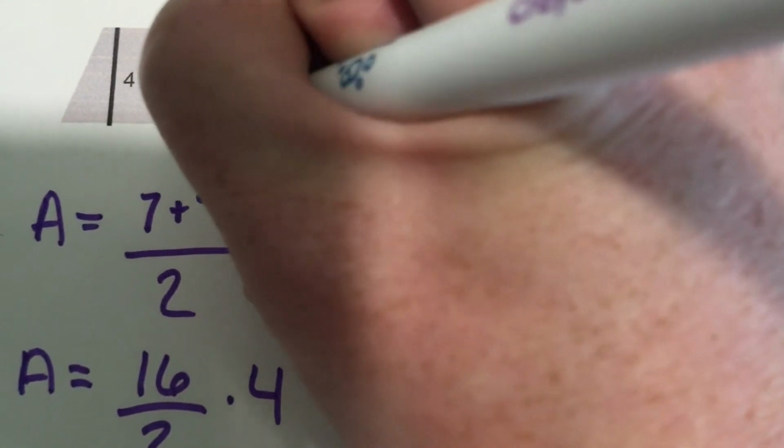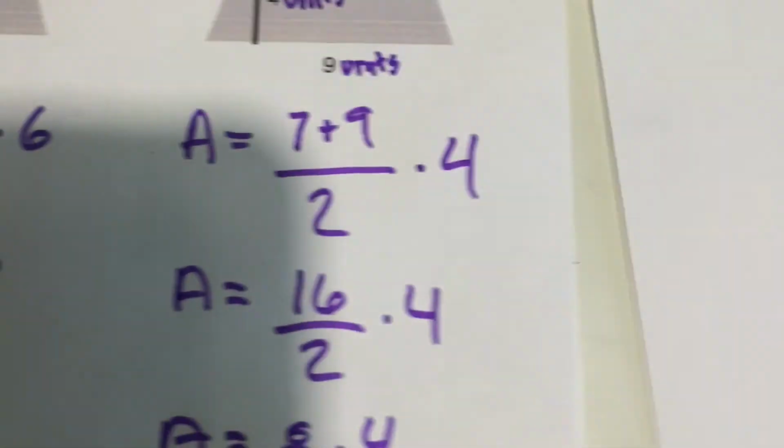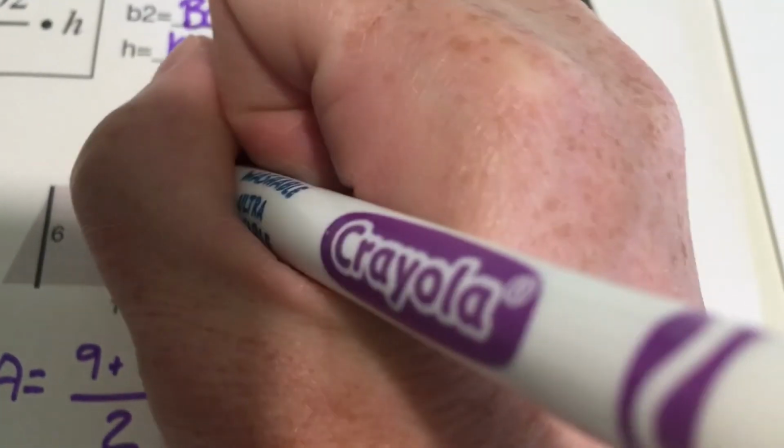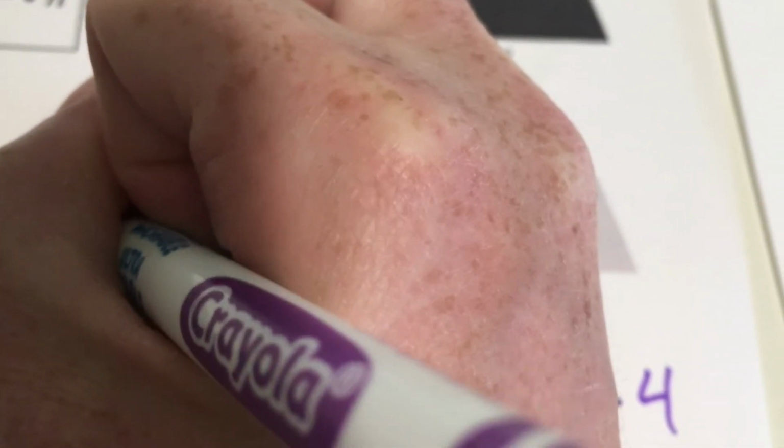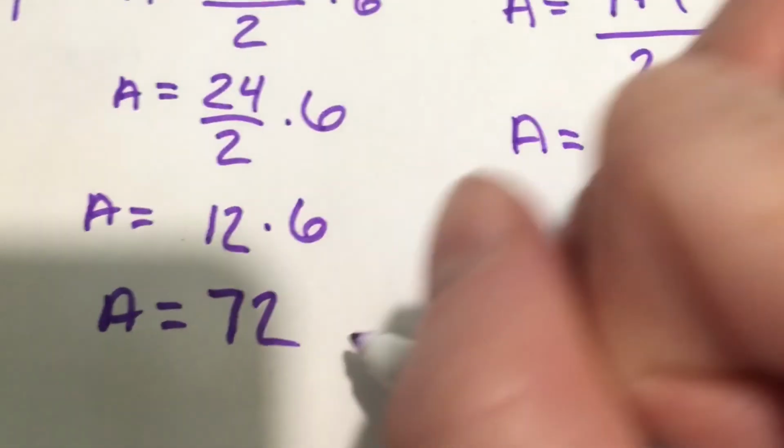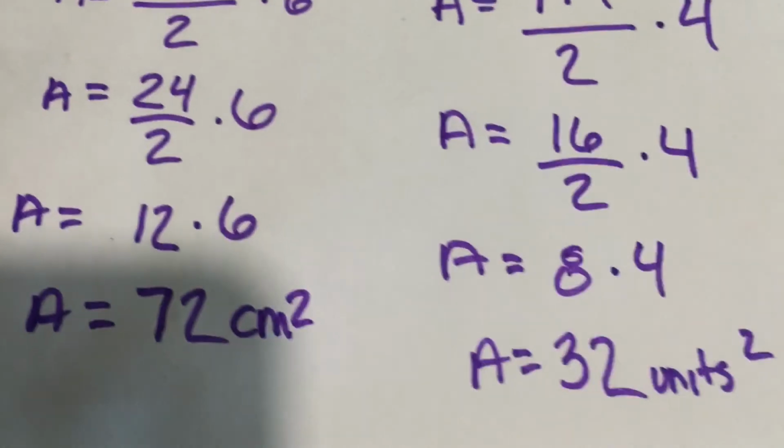And 8 times 4 is 32, so our area is equal to 32 units squared. We'll call those units up here. So whatever it is labeled as is what it's going to be squared. So here we can do centimeters. So then the 72 here would be centimeters squared.